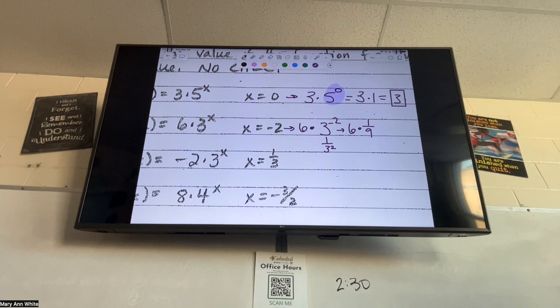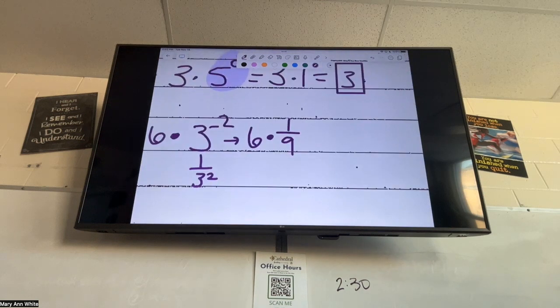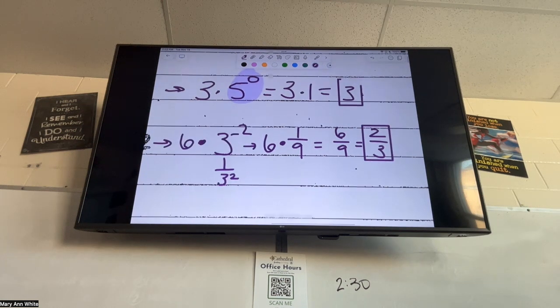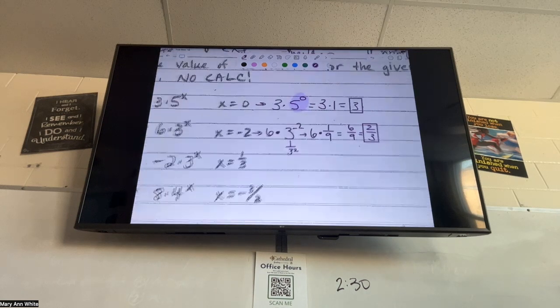And you can simplify it here, or you can multiply them together and then simplify. We can do 6 over 9 and then break that down to 2/3, or you could have simplified it earlier. It doesn't matter. Either way, we'll get to the same answer. So exponent of 0 makes it 1. Exponent of negative makes it go to the bottom. It kind of flips that fraction for us.